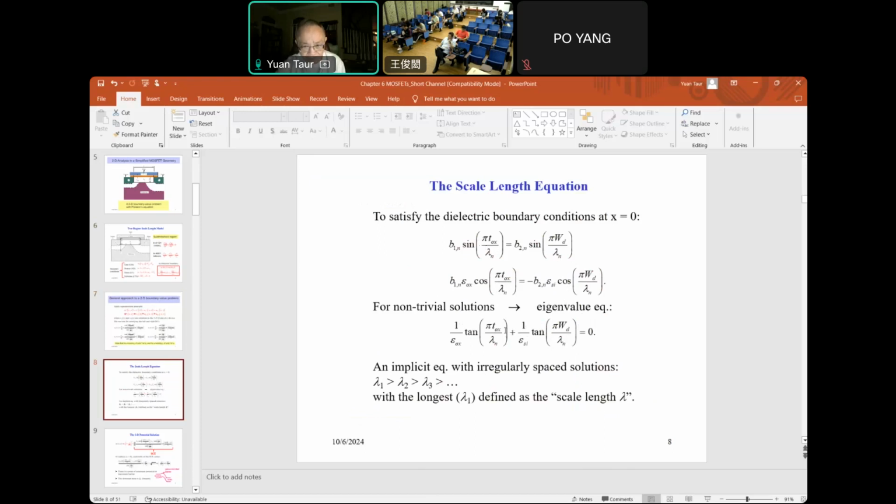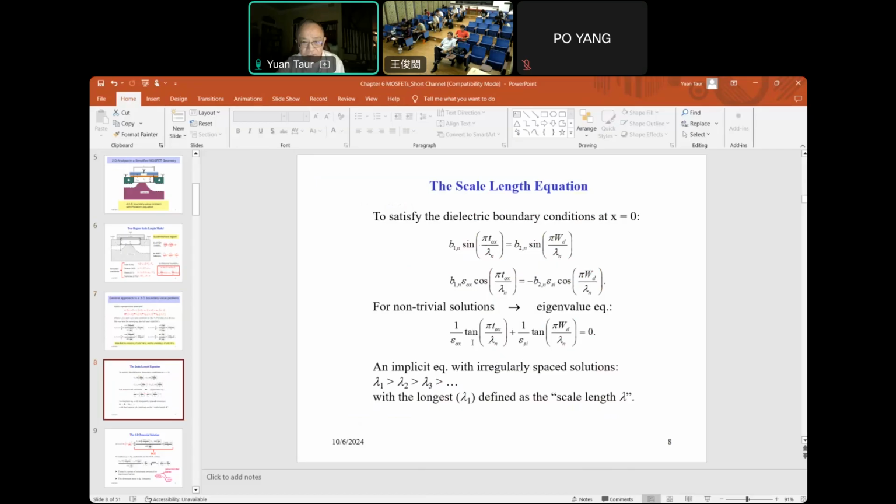Now for a given thickness Tx and Wd, and given dielectric constants, of course epsilon oxide and epsilon silicon are fixed. Actually only the ratio is important. We can solve for lambda, but there's an infinite series of solutions because these are trigonometric functions, so they are periodic, but they are irregularly spaced.